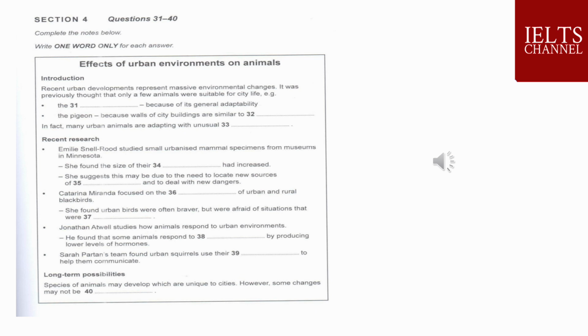They're prepared to face up to a lot of threats that would frighten away their country counterparts. But there's one type of situation that does seem to frighten the urban blackbirds, and that's anything new, anything they haven't experienced before. And if you think about it, that's quite sensible for a bird living in the city.